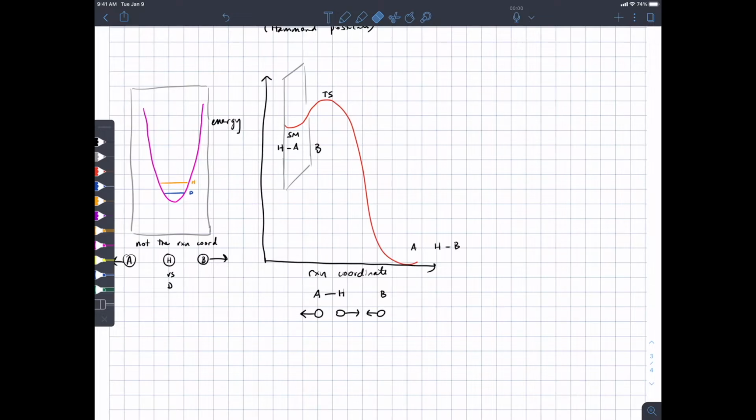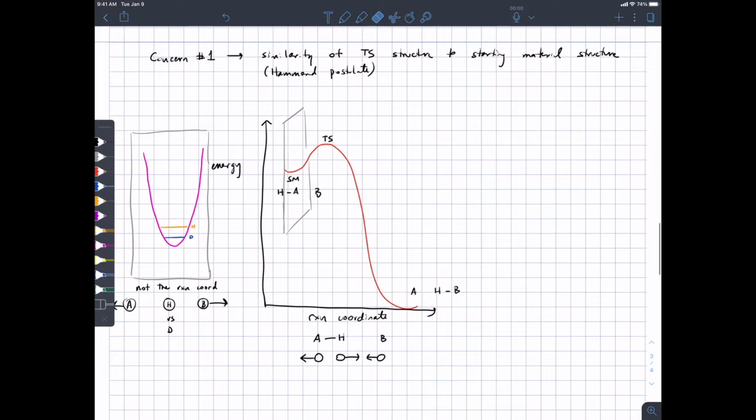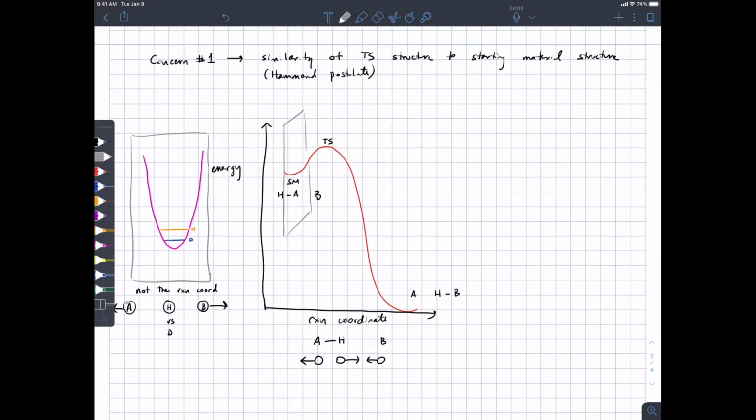All right. Now, we said that the transition state structure, in this case, because the reaction is highly exothermic, by the Hammond postulate, because the transition state and starting material are close in energy, they have to be close in structure, and therefore in vibrations.